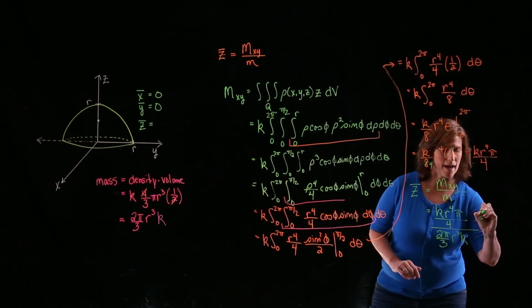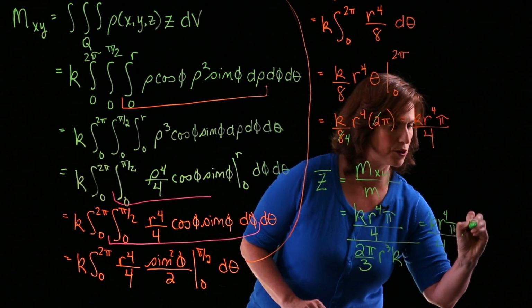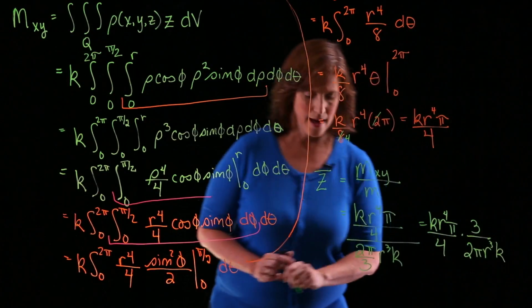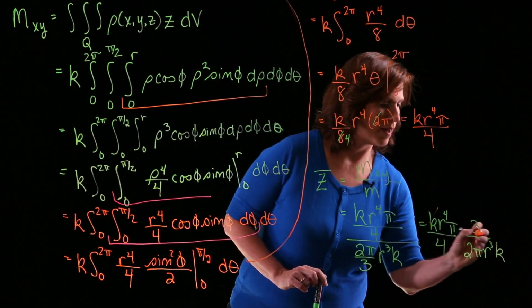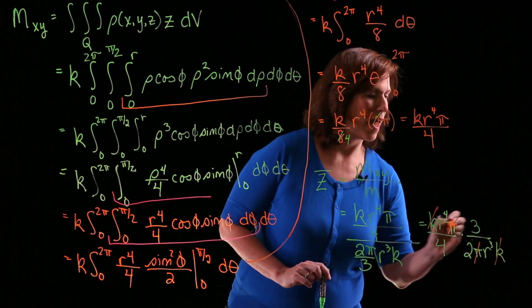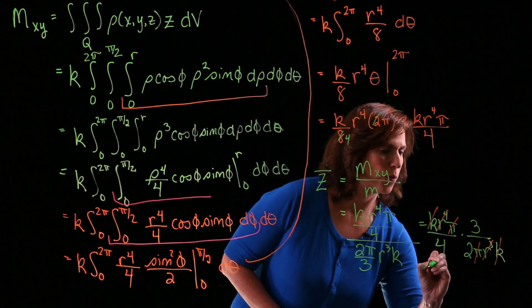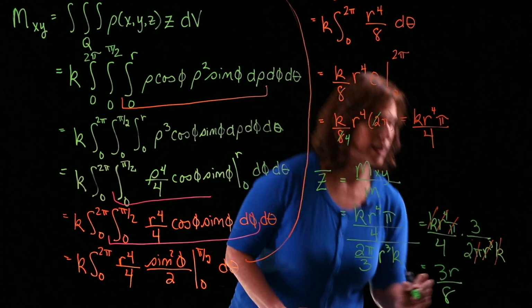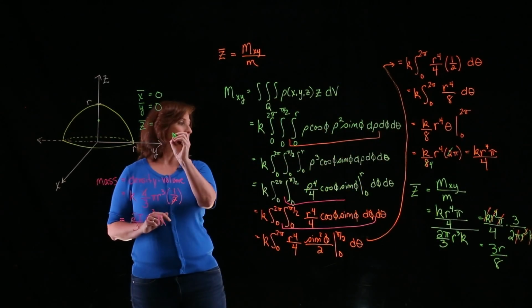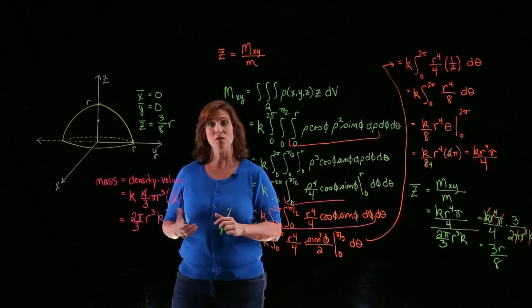With a little invert and multiply, k r to the 4th pi over 4 times 3 all over 2 pi r cubed k, I notice that my k's cancel, the pi's cancel, r cubed goes into r to the 4th r times, and I end up with 3r all over 8. So the z-coordinate for my center of mass is 3/8 of whatever the radius of my sphere was.